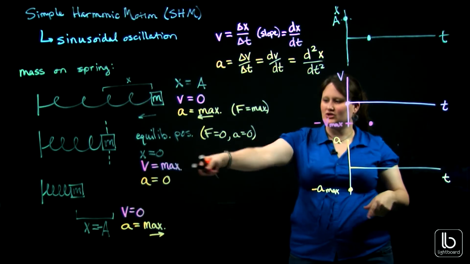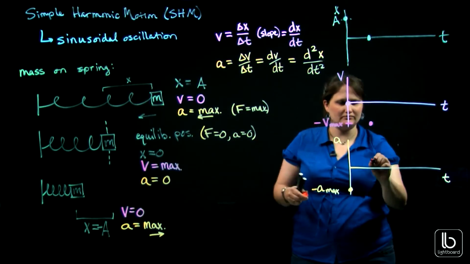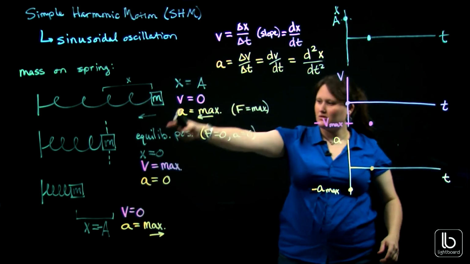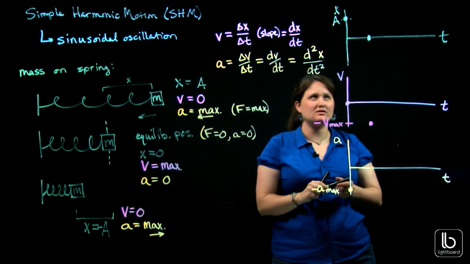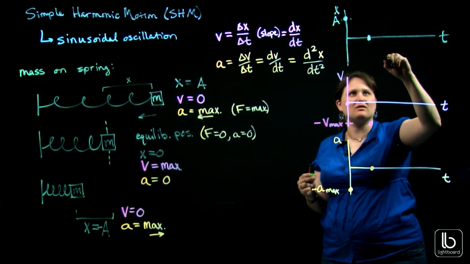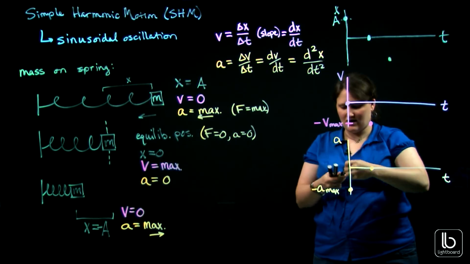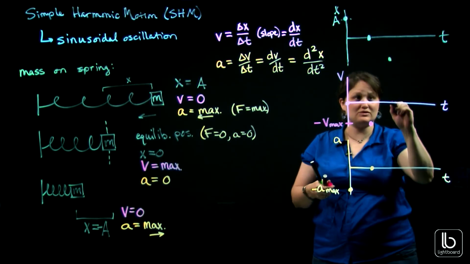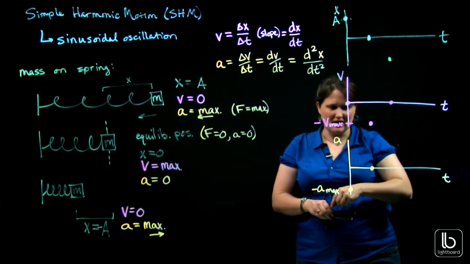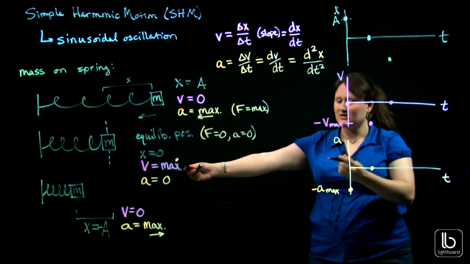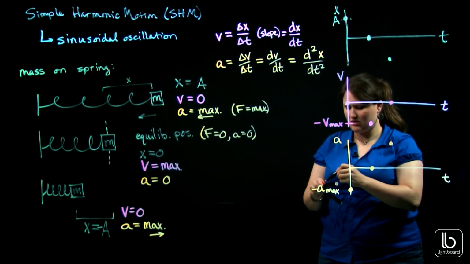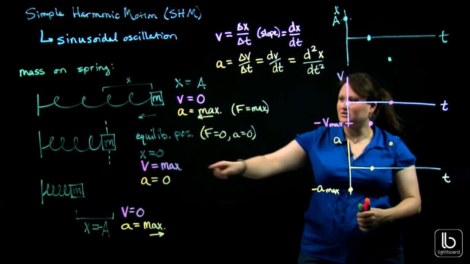And my acceleration at equilibrium is 0. Okay, then down to our third case, we've scrunched up, and so now we're at a negative position. My velocity is back to 0, and my acceleration is now in the positive direction. And then we start to repeat the process.